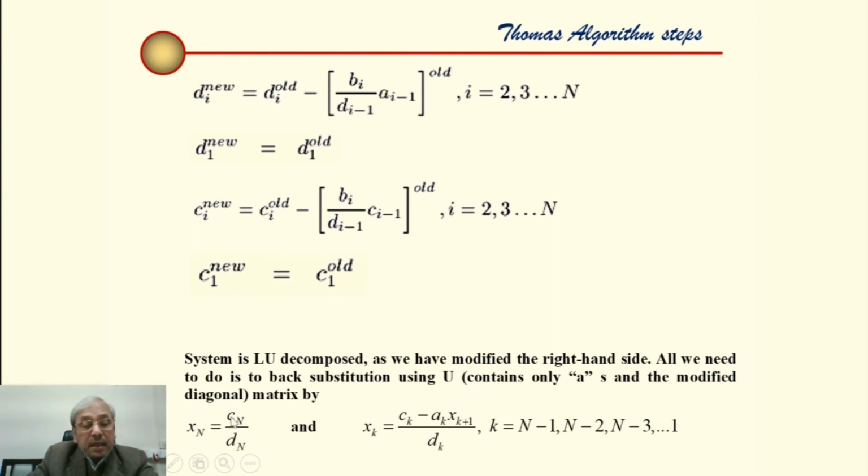Xn is determined first, then we go to n minus 1, n minus 2, and up to 1. So xk, this is back substitution, is ck minus ak into xk plus 1 divided by dk, for k equal to n minus 1, n minus 2, n minus 3 up to 1.